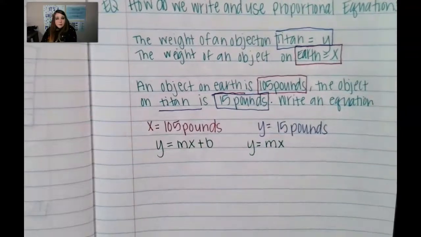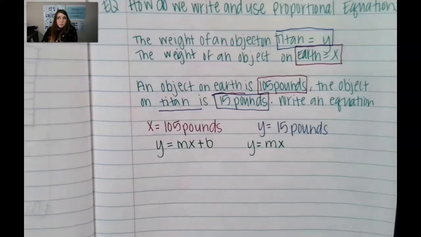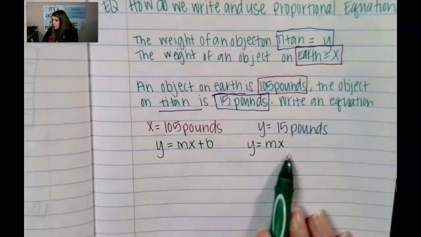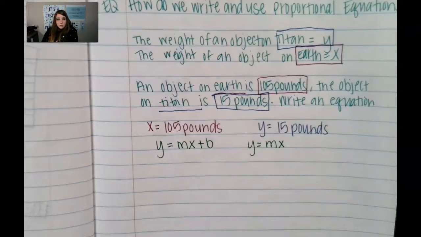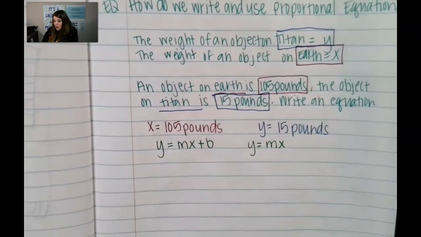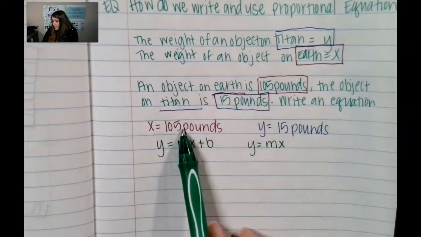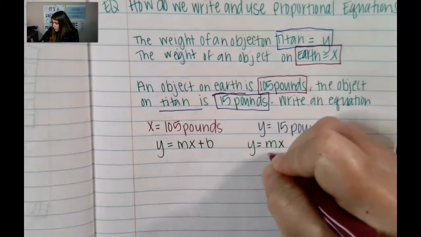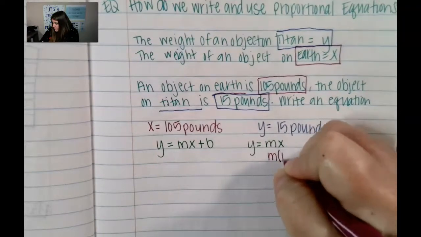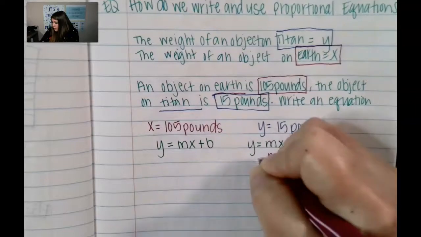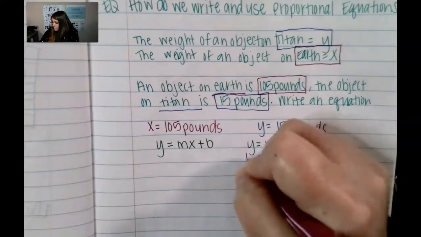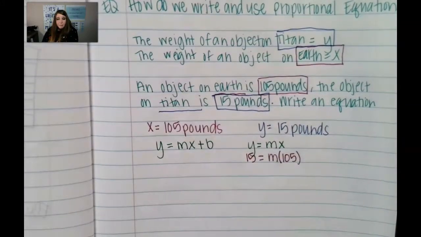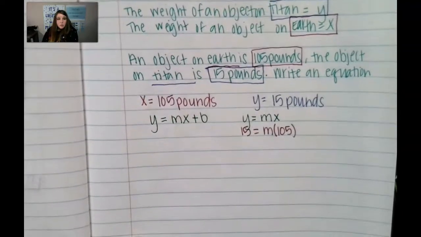We will worry about the b once we start to graph the y-intercept. For right now, we're going to use some substitution. Our first thing to substitute in is x pounds, which is 105. So m times 105 equals 15.